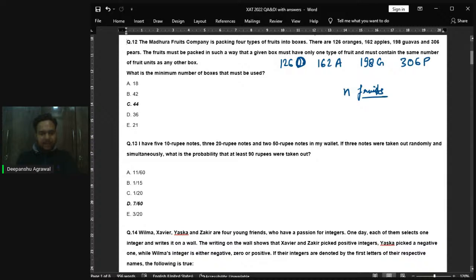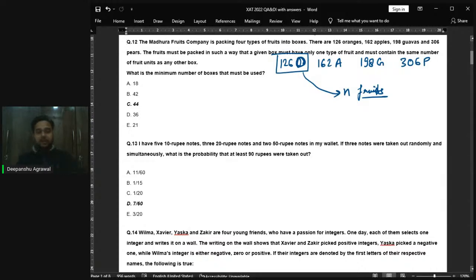So n number of fruits would be contained by each box, and these 126 oranges should be completely distributed in groups of n, right?